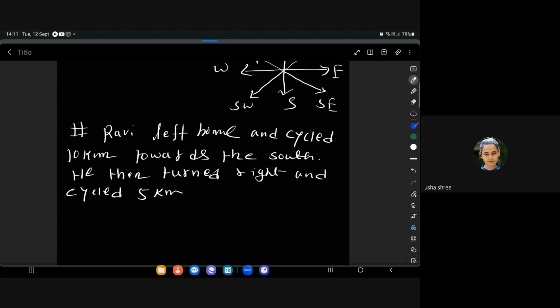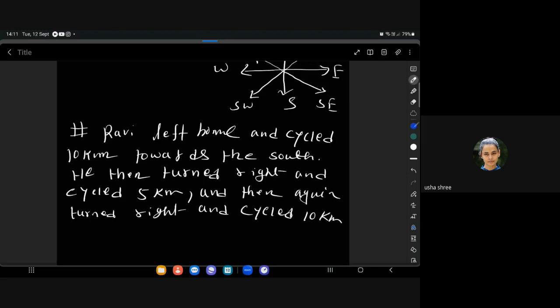One is he has traveled by cycle for 10 kilometers towards the south, and then he turned right, and again he traveled by cycle for another 5 kilometers, and then again turned right. Again he took a right turn and cycled 10 kilometers.